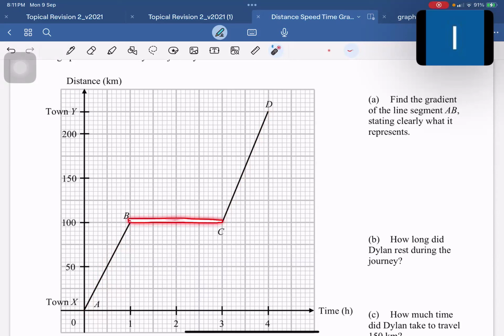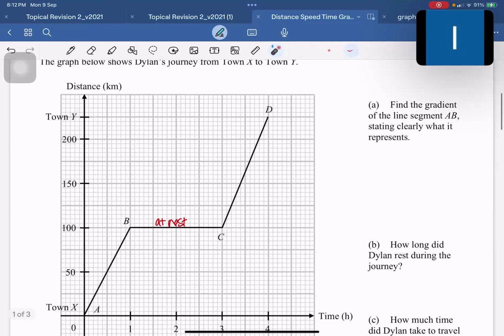Did the distance increase? No. So what happened to the speed at this point? It is zero speed, at rest. So for this portion there is constant speed, and this one also has constant speed.